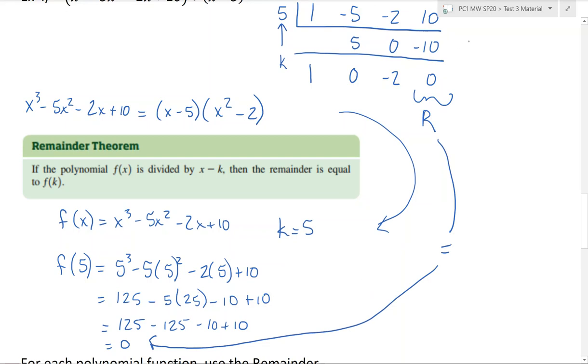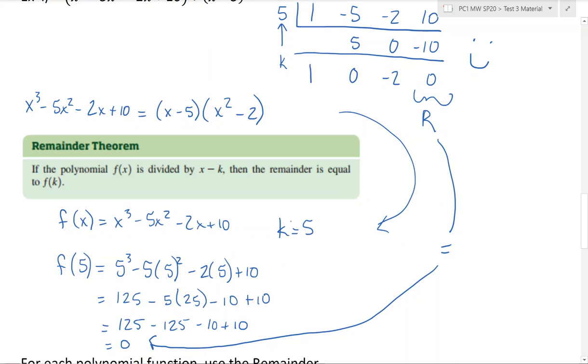This process up here was so much quicker than this, and it's not all about being quickest or easiest, but synthetic division is an elegant way to do it, which gives you less opportunity for mistakes.